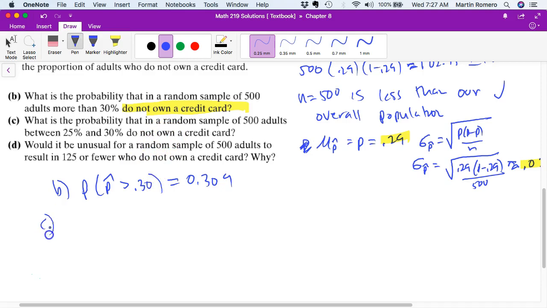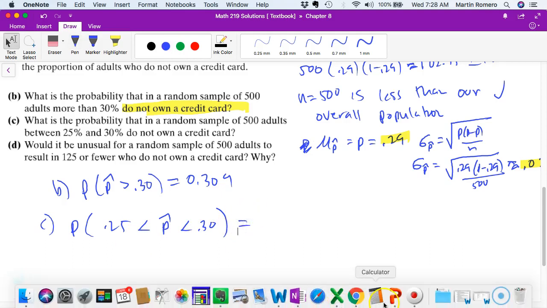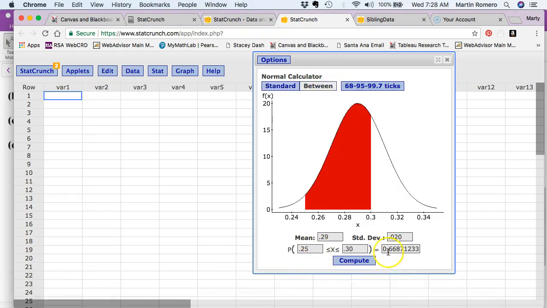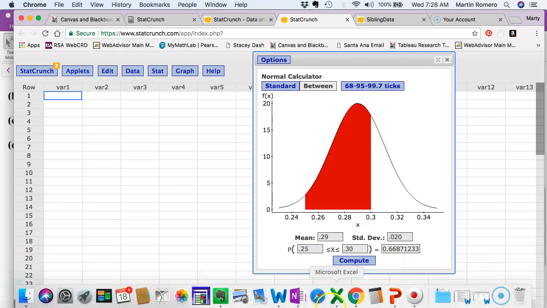Part C, we're answering a similar question. It's a between. What percent of the samples, if we did them, would have between 25 and 30% saying they do not own a credit card? So we would go back to StatCrunch here, put a between, put a 0.25. The answer comes in already, and you end up with 0.669 as our answer for that one.